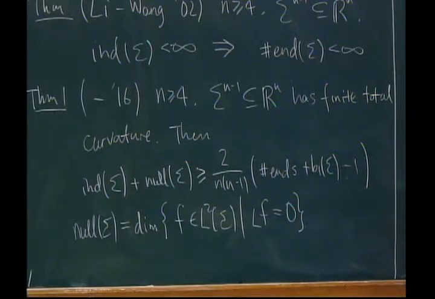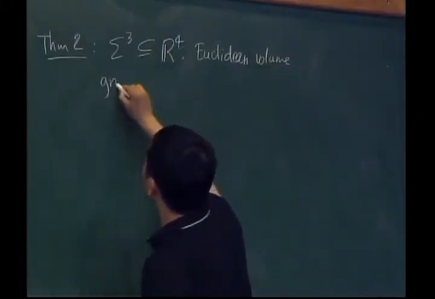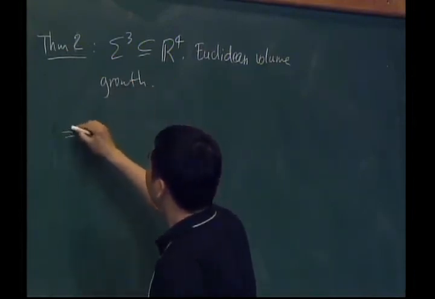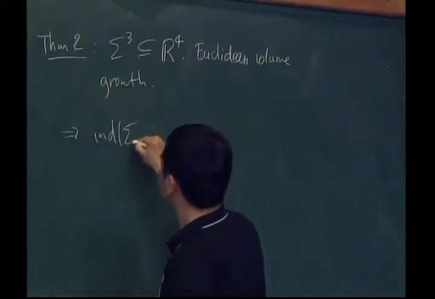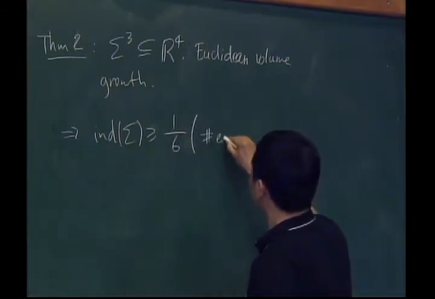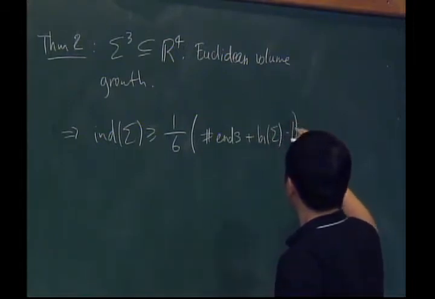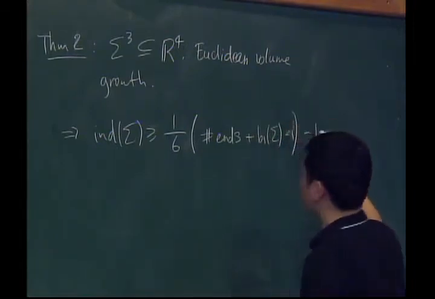So if you have a three-dimensional hypersurface in R4, with this low dimension, we can slightly loosen the condition to be that sigma has Euclidean volume growth. Then the index is bounded from below by a linear function of the number of ends plus the first Betti number, but with a slightly worse constant.